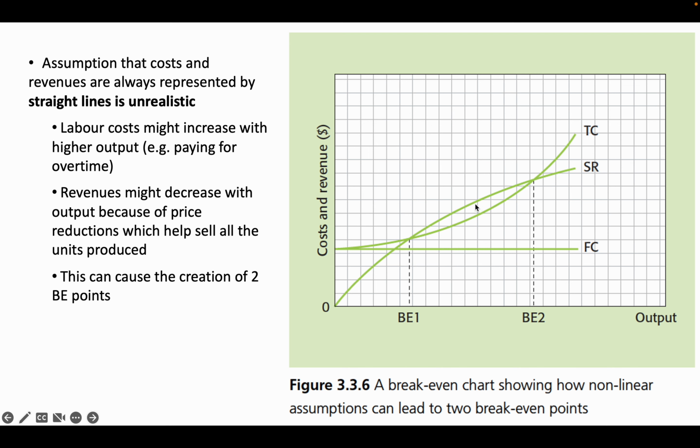You can even have maximum profit happening here, but you would need to realize that this could happen, and not be counting on this level of output, because that would actually lead you to a higher loss rather than higher profit.